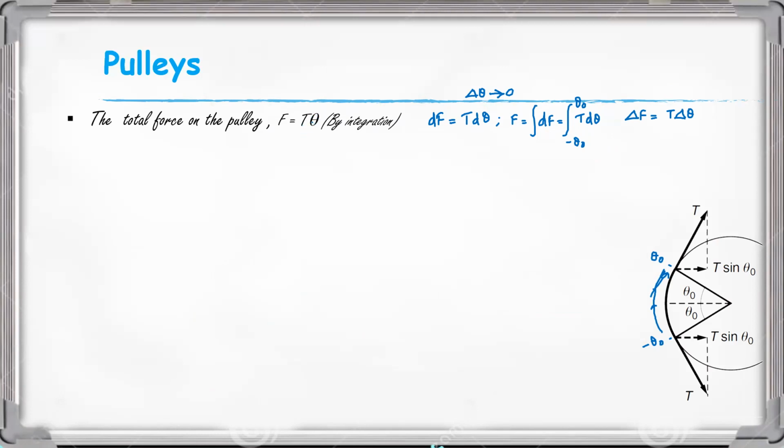If we extend up to that limit, in this case we obtain this quantity must be equal to T into 2 theta 0.